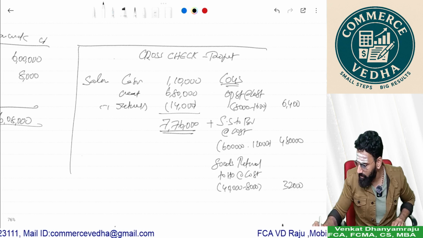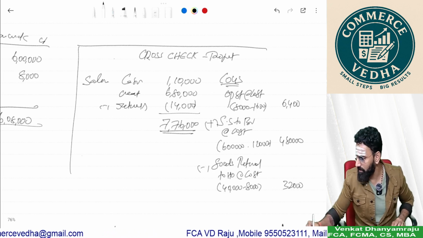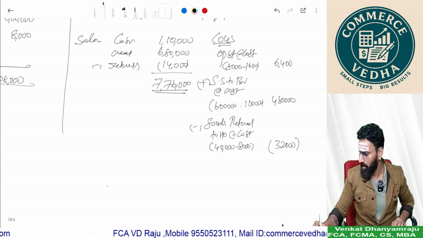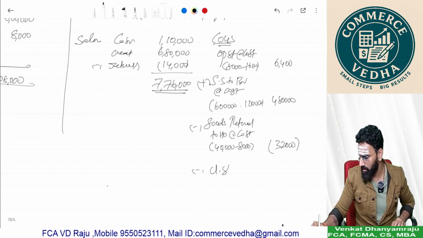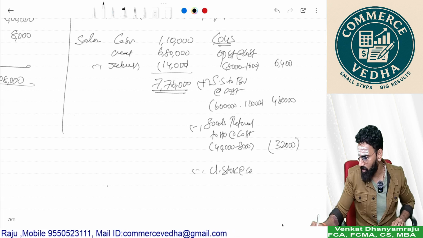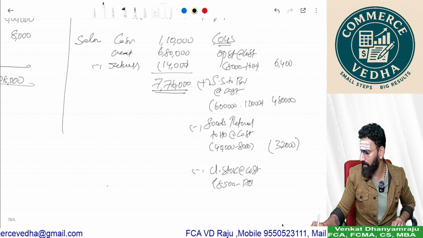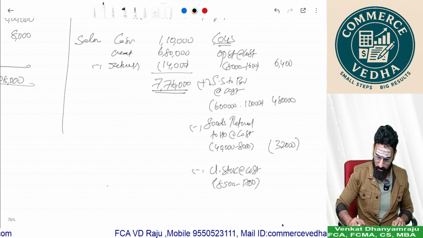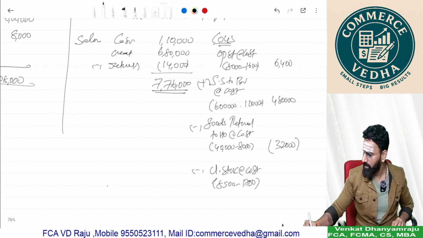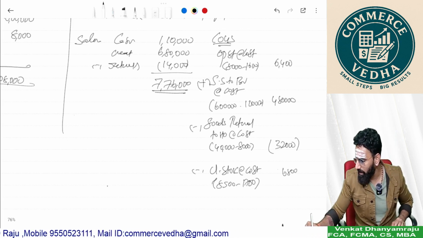This is addition, this is deletion, and closing stock at cost shall be 8,500 minus 1,700, which is 6,800.